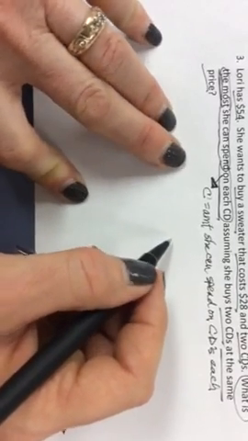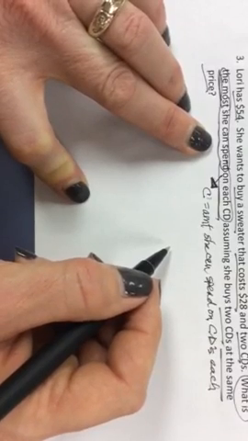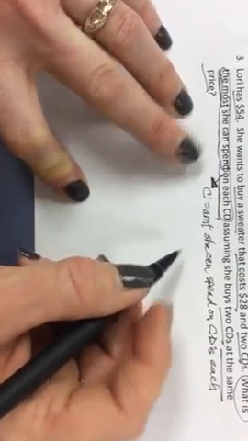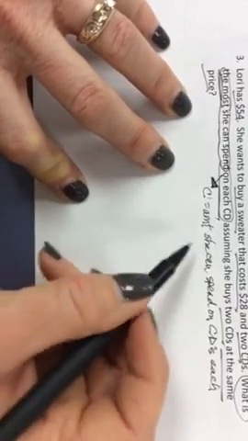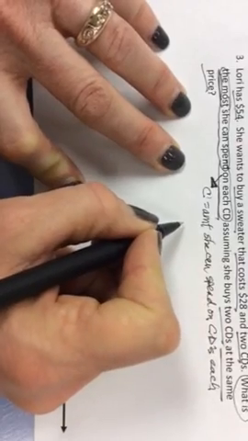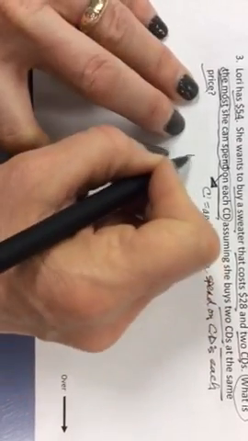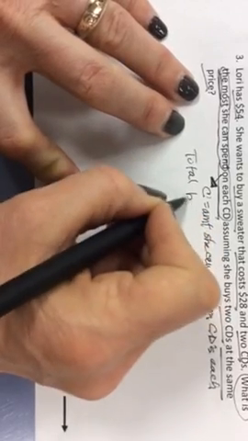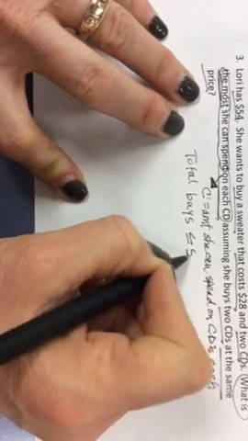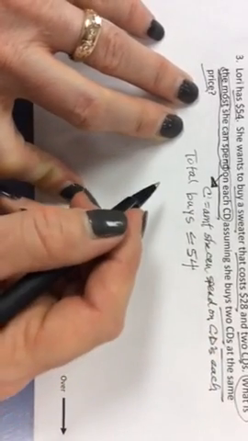If she can't spend any more than $54, we're going to have to say that everything she buys, the total she buys, has to be less than or equal to 54 because she can't spend any more than $54.